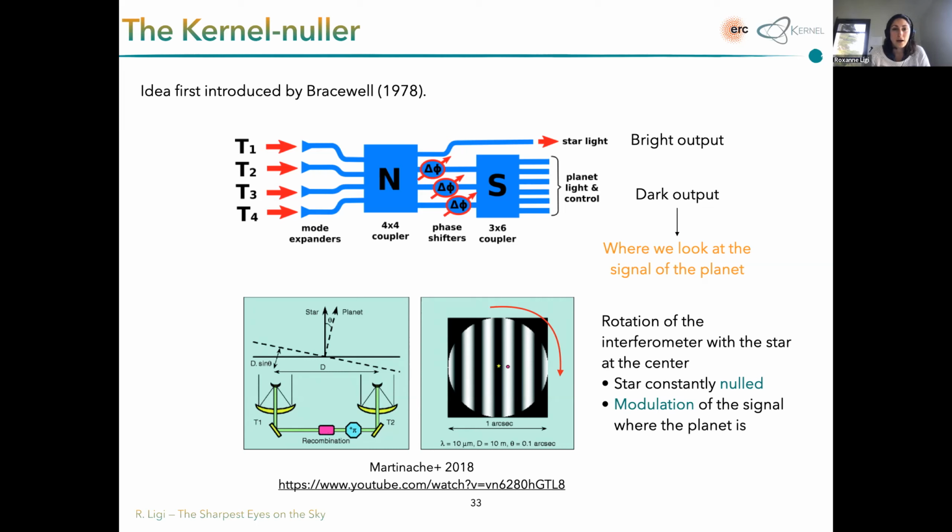During the night, there is a rotation of the interferometer, which is natural. So you arrange the system so that the star is constantly nulled, and you will see a modulation of the signal which will indicate where the exoplanet is, if there is any.